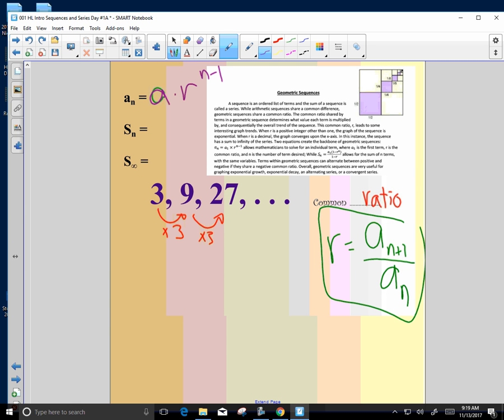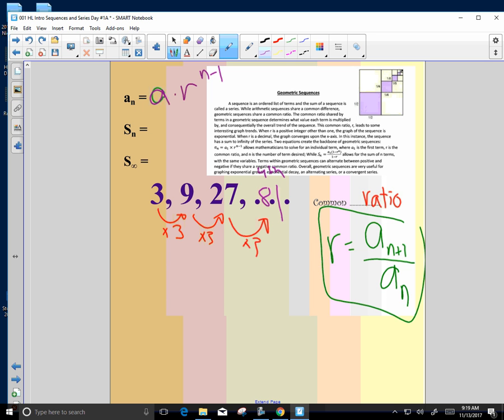N minus 1. Yeah, because if you went to 81, this would be the fourth term. How many of those ratios am I going to have to multiply 3 by to get to 81? 3. So ratio to the 4 minus 1 times what you started with.